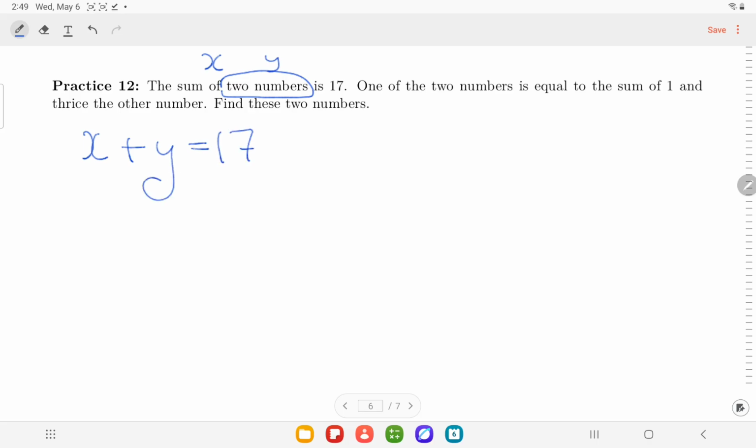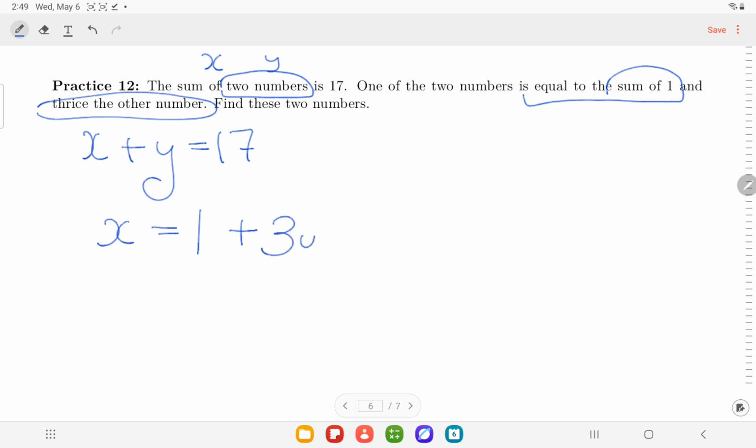We also know that one of the 2 numbers is equal to the sum of 1 and thrice the other number, so 3 times the other number. So it doesn't matter if you put x or y as the number that is equal to the sum of 1 and 3 times the other number. So now we're just going to pick x. So we know that it is 1 plus 3 times the other number, which is y.